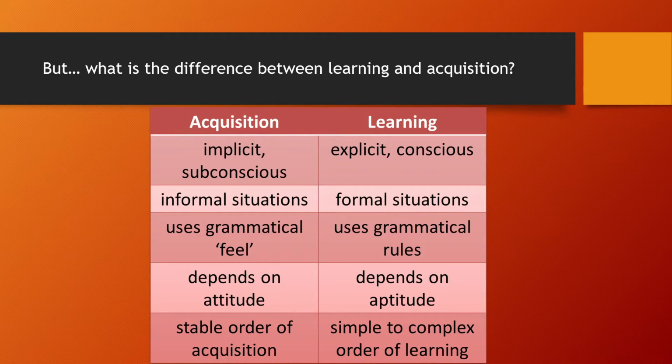Acquisition is subconscious, something that you do not decide to do or you do not intend to do. The children do not intend to learn the language they learn, but it happens by the way. While learning is conscious.